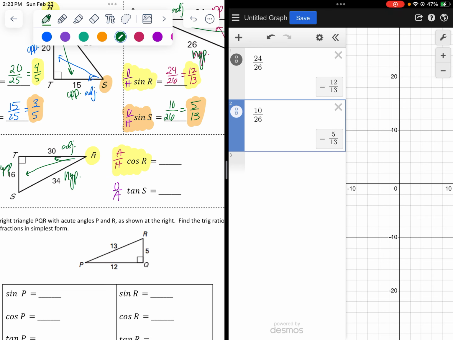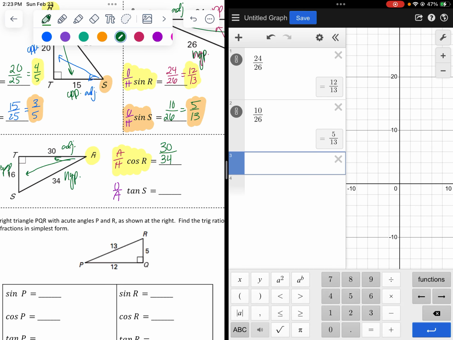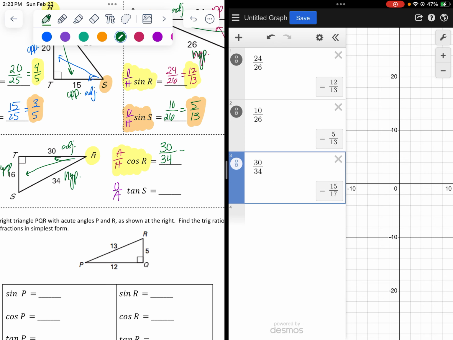Okay, so my adjacent is 30 over the hypotenuse, which is 34. Let's see if this guy reduces. 30 divided by 34. That gives me a ratio of 15 over 17. All right, and then we have the other function where we have the tangent of angle S. So same exact process, I'm going to label my triangle.